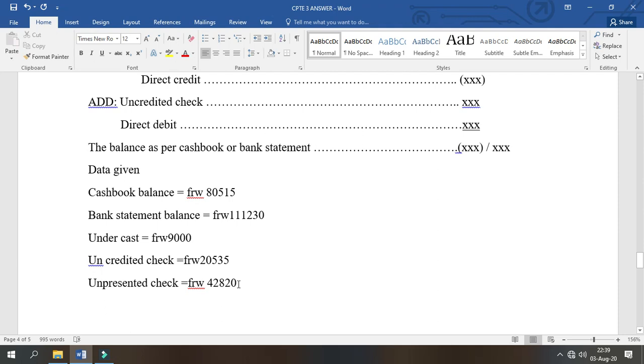So we are going to start by adjusting the cash book. Cash book adjusted.